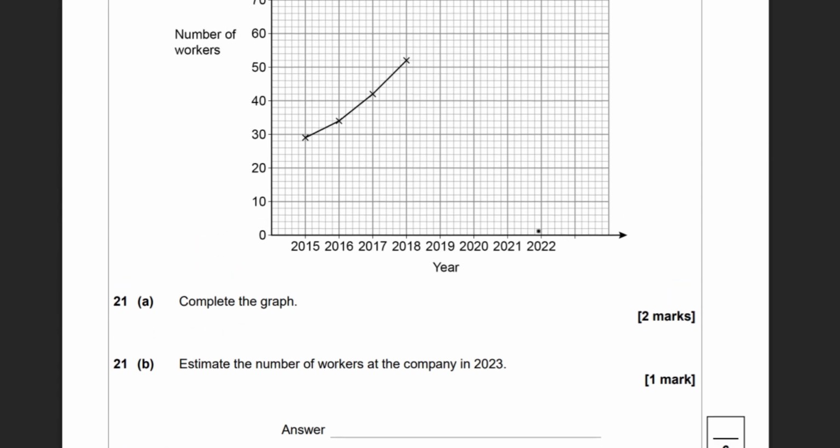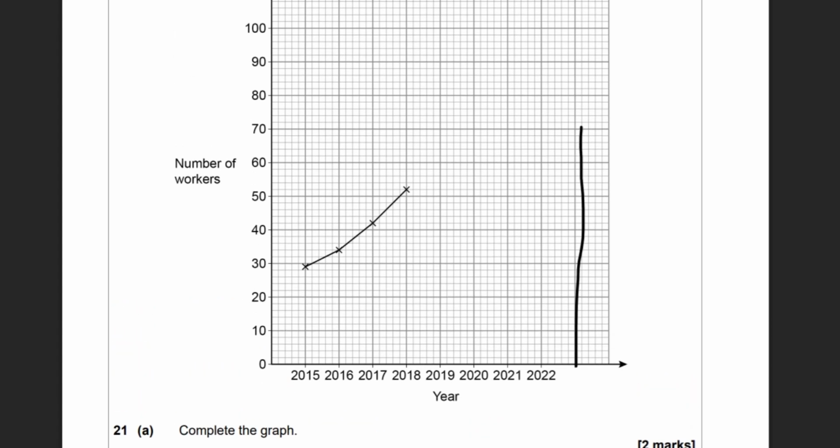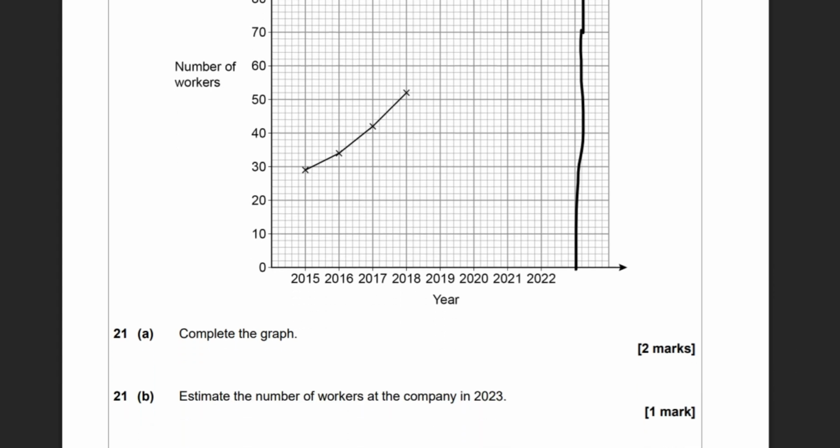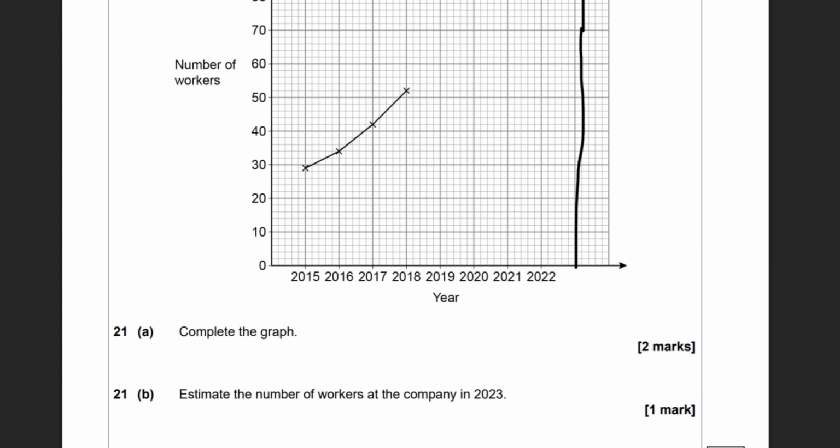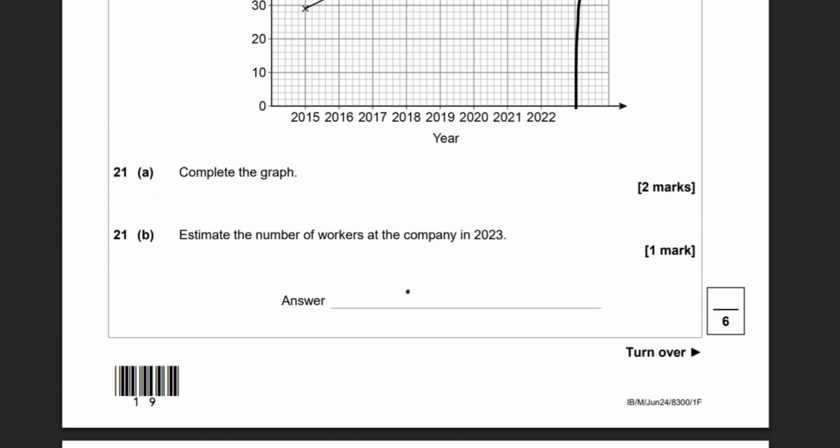So in 2023, when the point goes up, 2023 is going to be between 82 and 90. So you get 80 something, anything from 82, thereabouts. Most times there's a range of values. So if you choose 82 or you choose 86, you still get it right. So let's say 84.